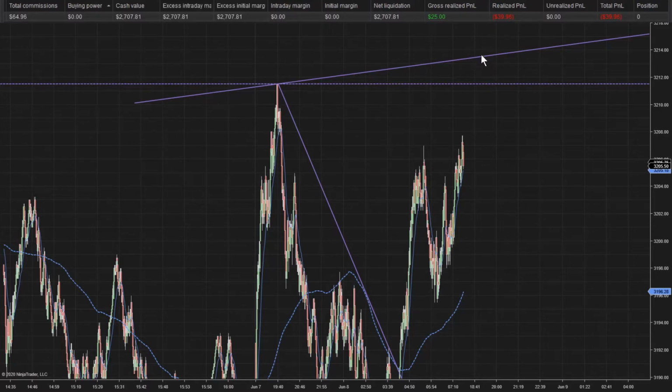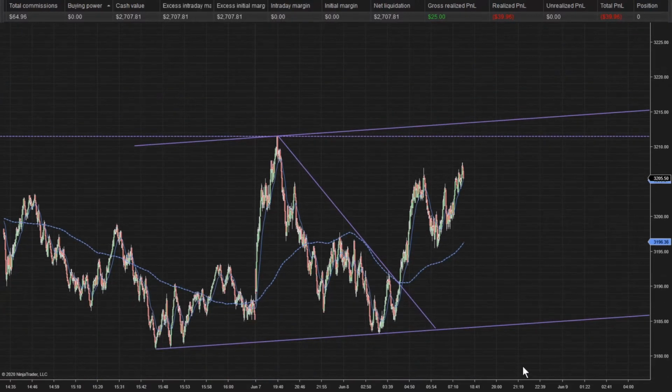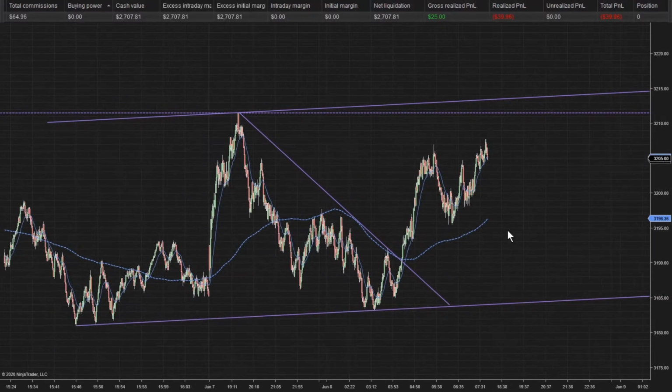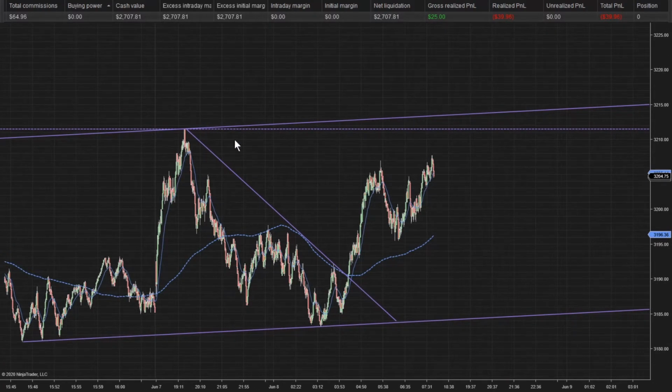It could definitely go here and probably pop up over. If it does break this, then the next target will be the top of the channel here. That's if things just go normally: hits the top, bottom, and then top again.